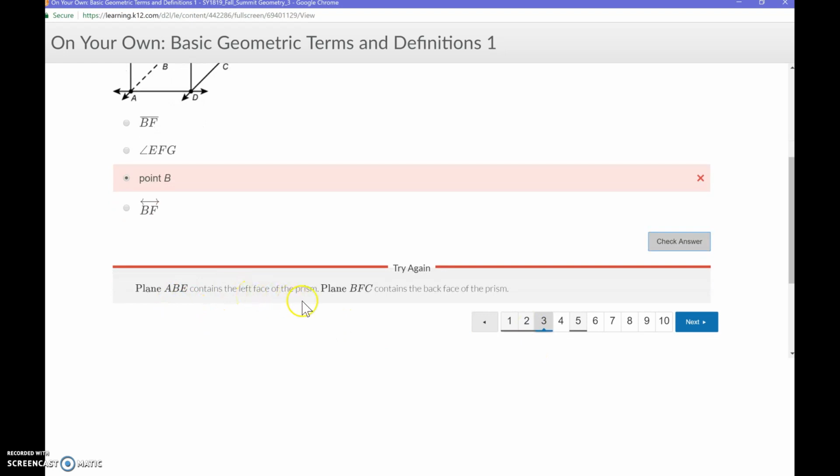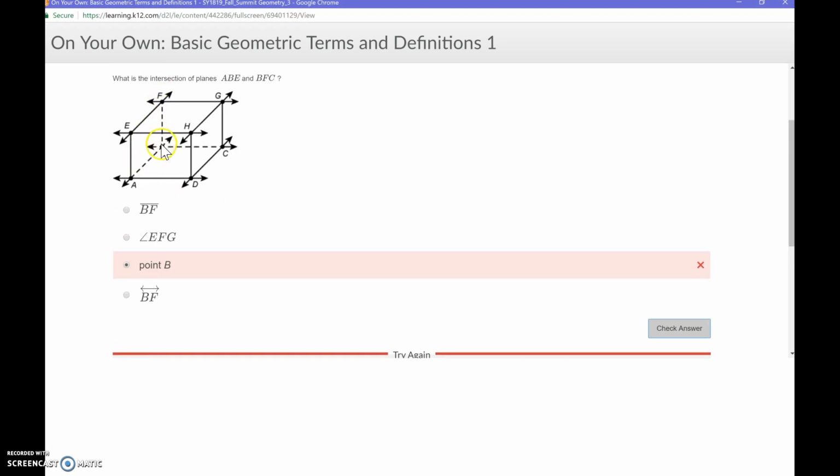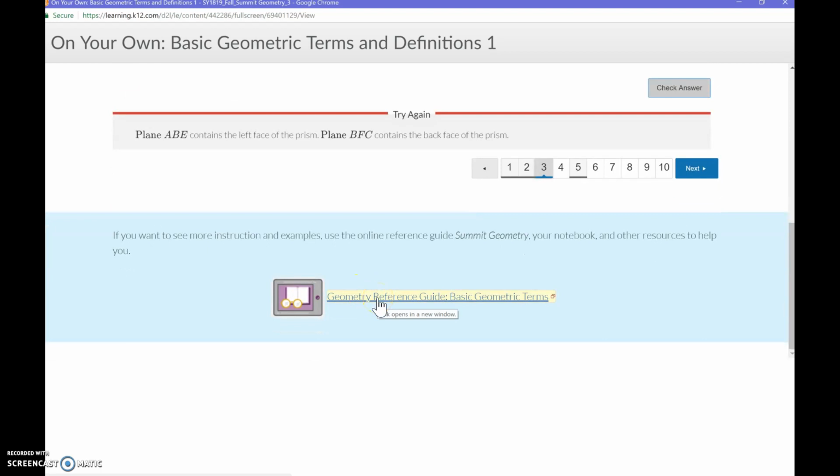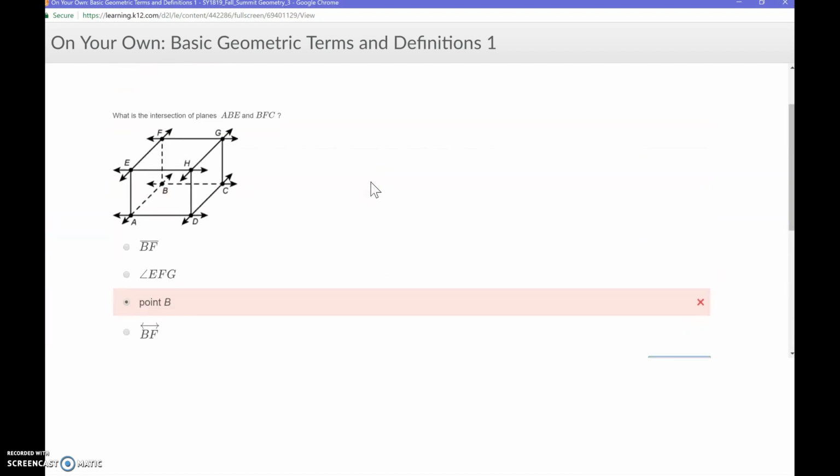Plane ABE contains the left face of the prism, and plane BFC contains the back face of the prism. So they don't intersect at a point, they actually intersect at a whole line. But also, look here, I can go to my geometry reference guide, and that'll give me some examples if I need more help, but I think I got it.